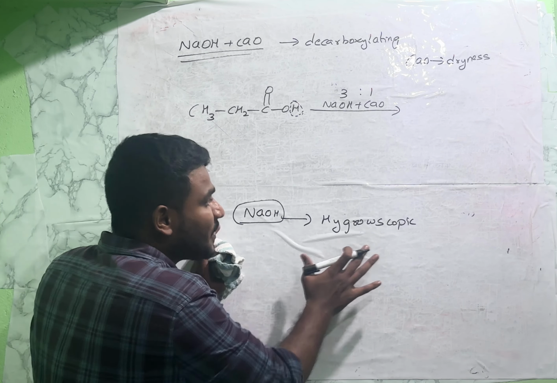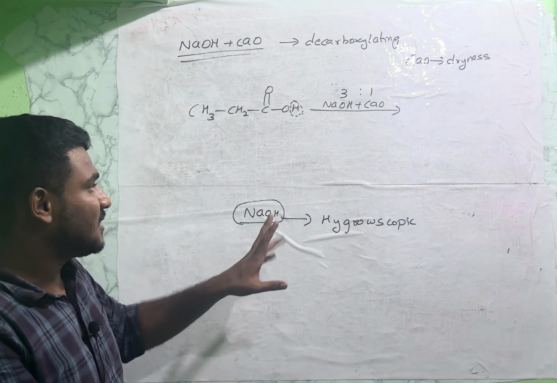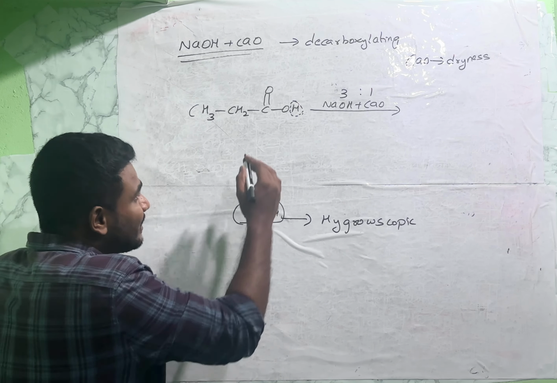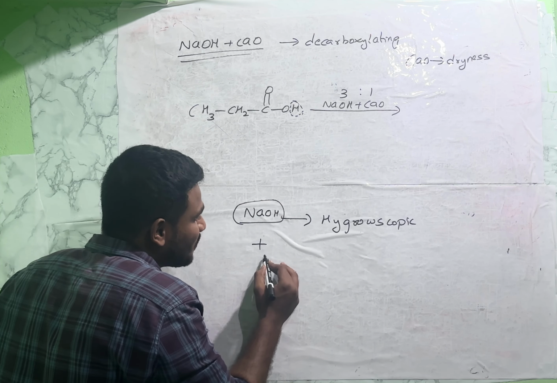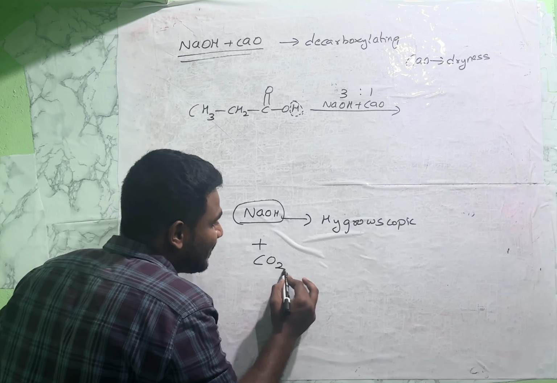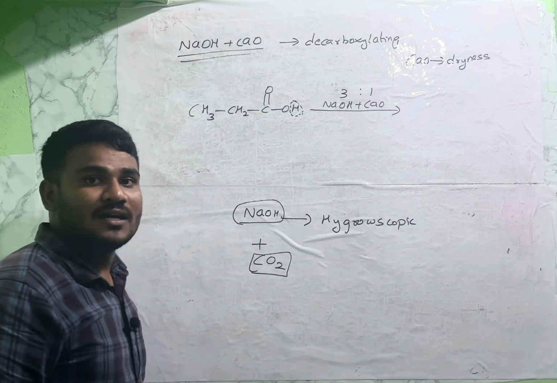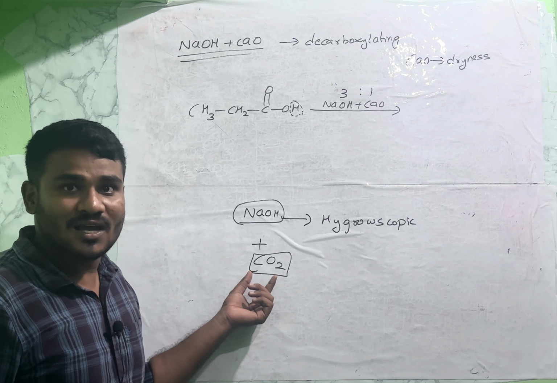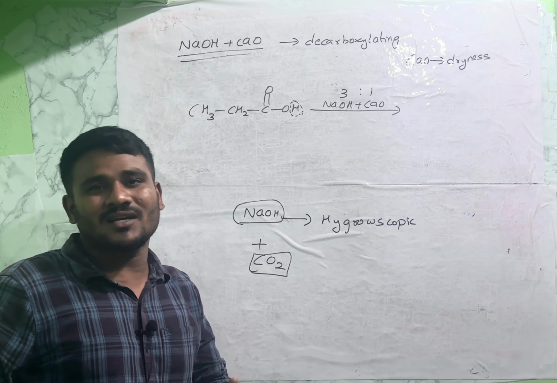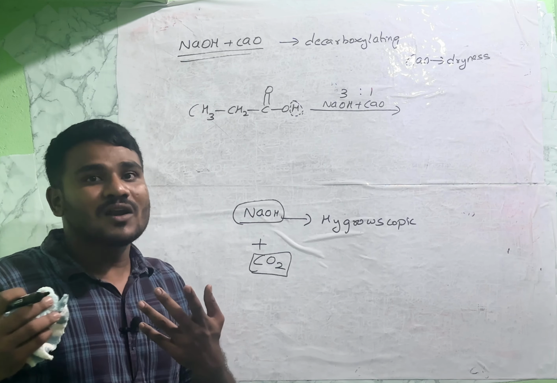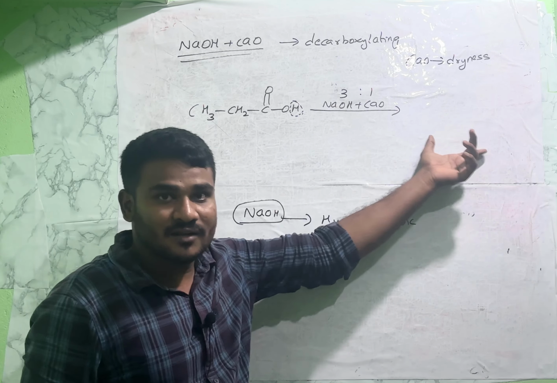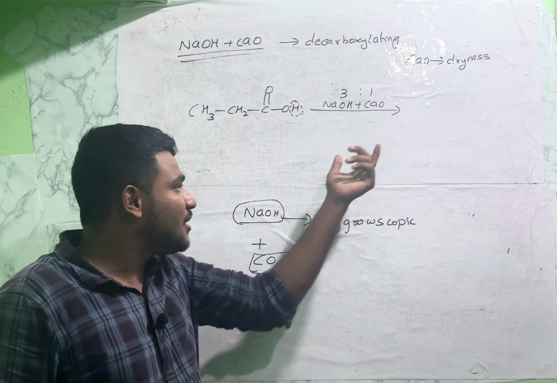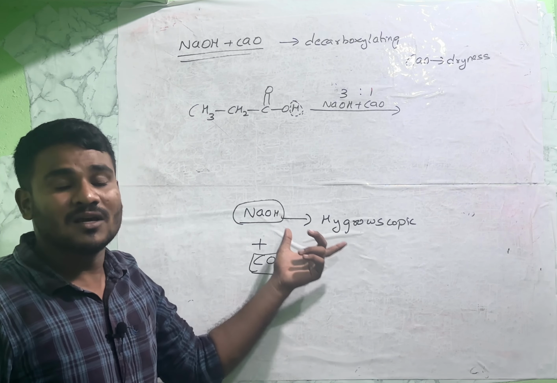If this hygroscopic nature is present in the reaction, then the hygroscopic sodium hydroxide reacts with this decarboxylating agent, and some undesired products will be obtained. So for obtaining the alkane product from acid to alkane, we have to prevent this hygroscopic effect.